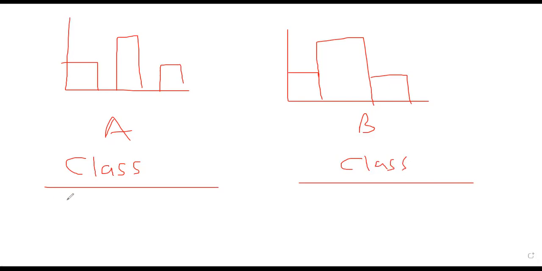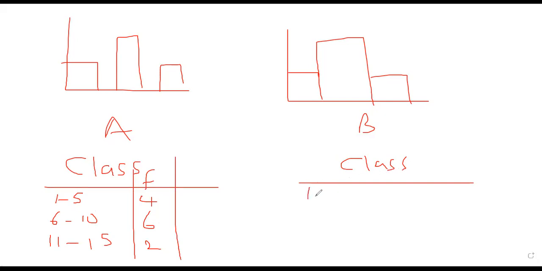So here we have 1 to 5, 6 to 10, then here we have 11 to 15. We have 4, 6, 2 as a frequency. Then here we have 1 to 5, 5 to 9, 9 to 13.